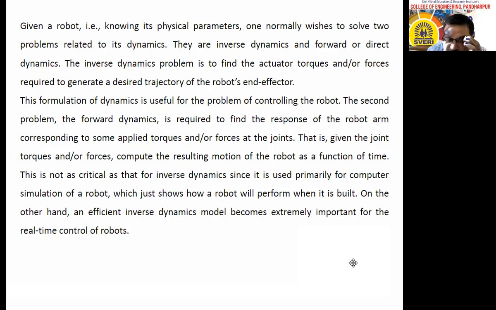This is not as critical as inverse dynamics, since it is used primarily for computer simulation of the robot, which just shows how a robot will perform when it is built. On the other hand, an efficient inverse dynamics model becomes extremely important for the real-time control of robots.